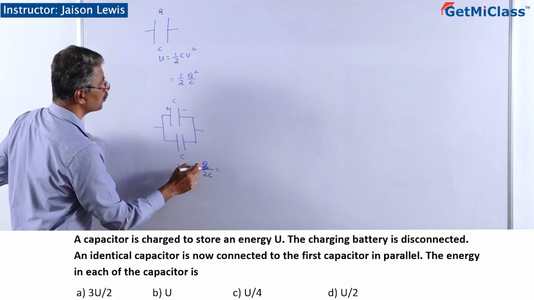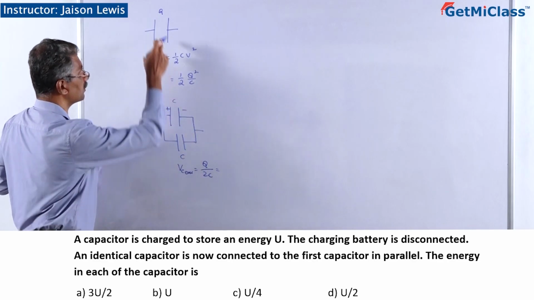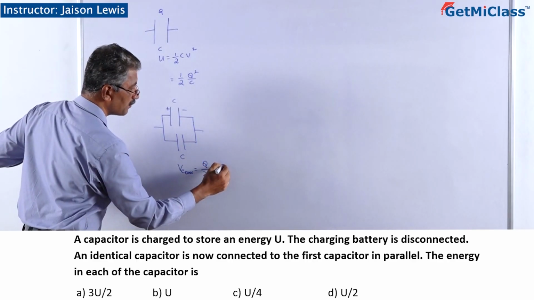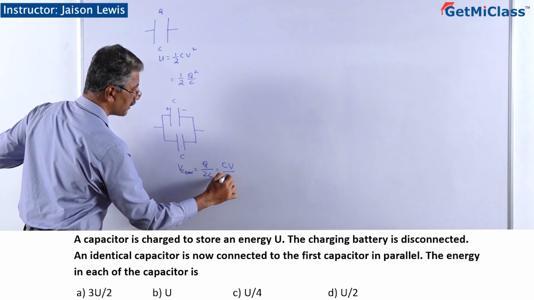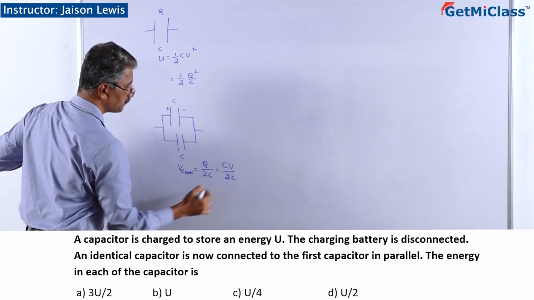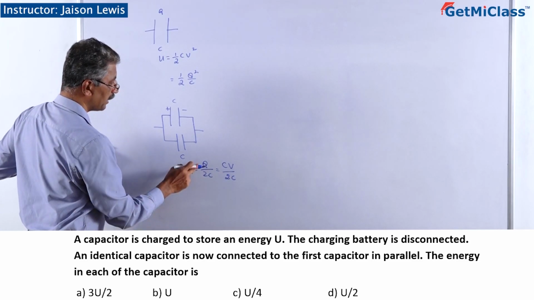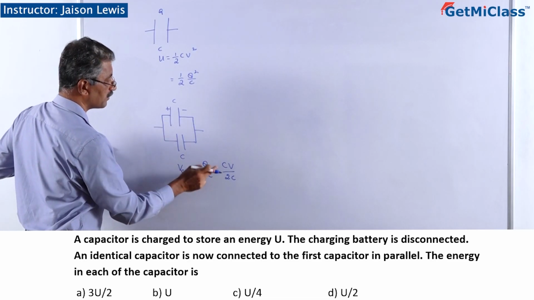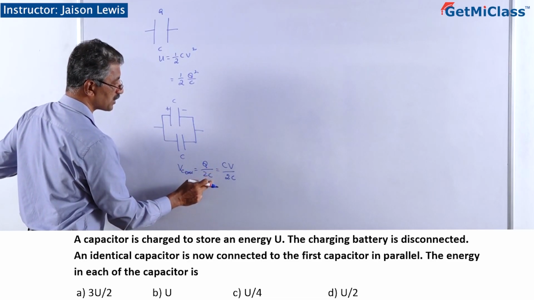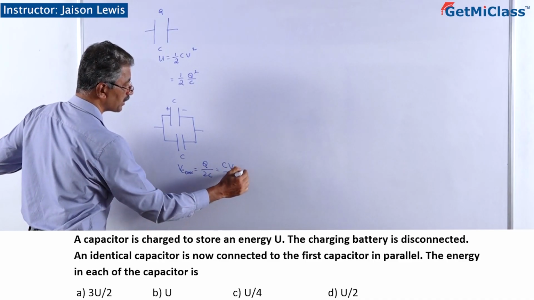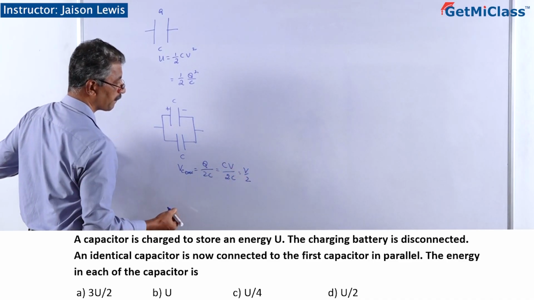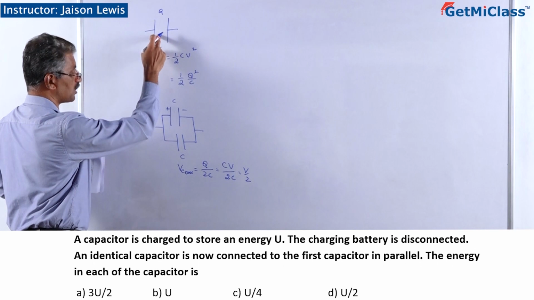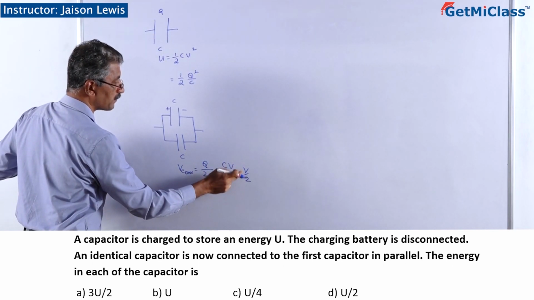Now Q is the total charge in the first capacitor, which can be written as C into V, divided by 2C. Therefore C cancels and it becomes V by 2. That means earlier we had a potential V, now the potential becomes V by 2.